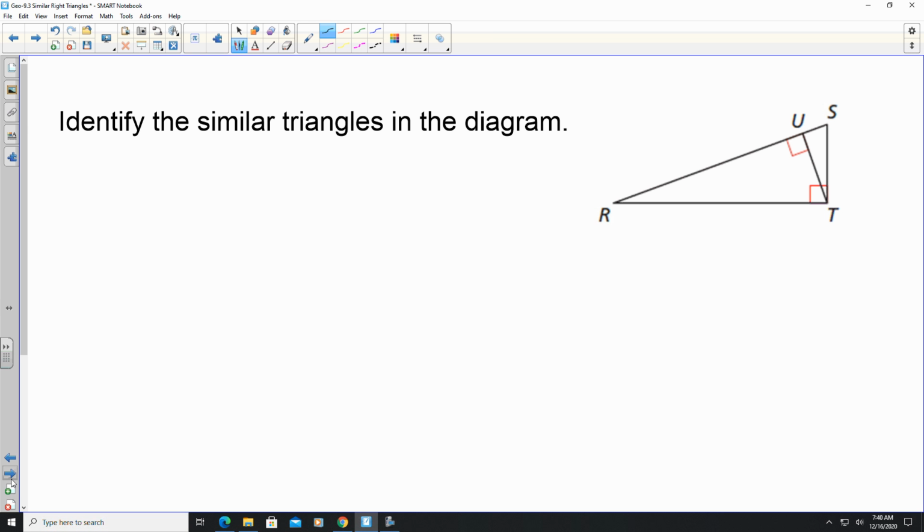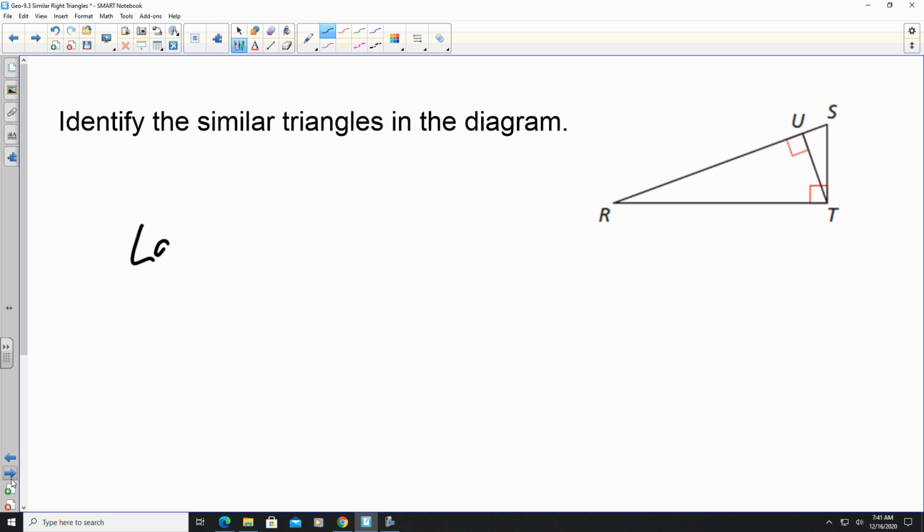For this one here, they're just asking us to simply identify the similar triangles. So basically, you're doing what the theorem did, looking for the large triangle, the medium triangle, and the small triangle. Before I write any similarity statements, I am just going to name each triangle.